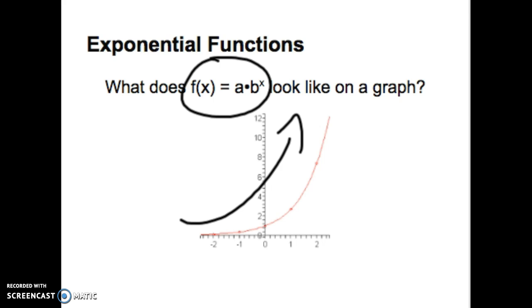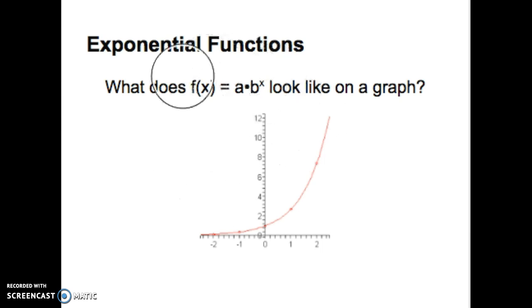We'll go through and talk about which one is a and which one is b, but in general, b is how quickly the function is increasing or decreasing. A is going to be our initial point. So, we're going to be going through 3 examples today, looking at the 3 different ways to solve these problems.